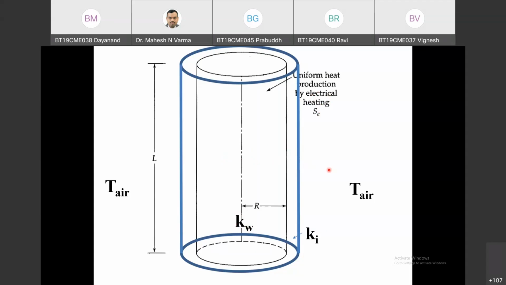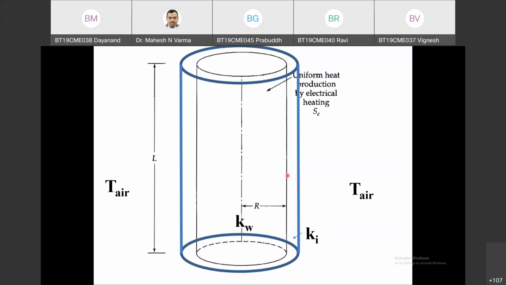Now to get the temperature profile, how many boundary conditions are needed here? Prabhuddha? For a two phase problem to get the temperature profile. There will be one temperature profile which will explain temperature from R equals 0 to R equals R. There will be one flux profile which will explain from R equals 0 to R equals R. And there will be another equation for phase 2, because the same equation is not true from here to here.